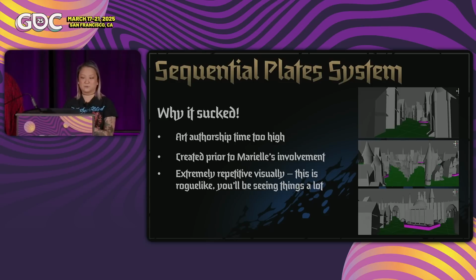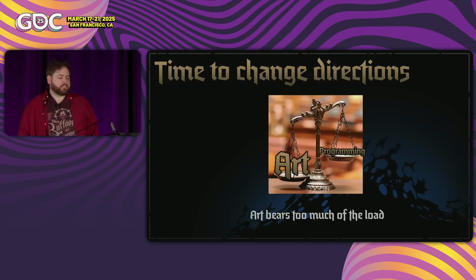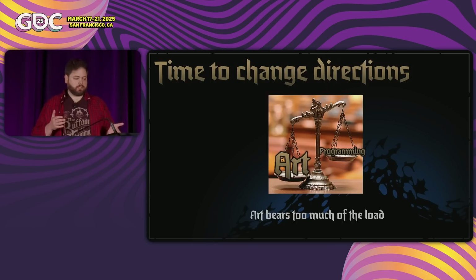And once they started to pick up on visual patterns or landmarks, they would learn exactly which plate they were on at any given time, which means that they would know what kind of choices lay before them. So it also didn't help us support the game design direction either. But ultimately, it really didn't help us execute an art direction's vision, which was always going to be our number one priority. Yeah, so this system was really problematic because the workload was heavily skewed towards the art team.